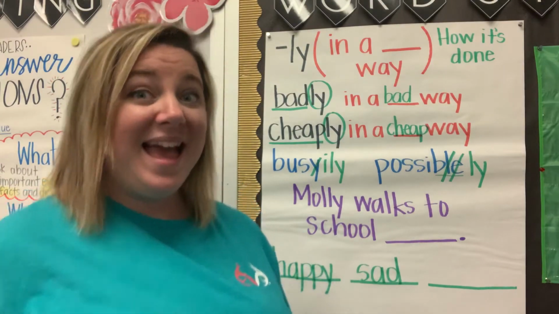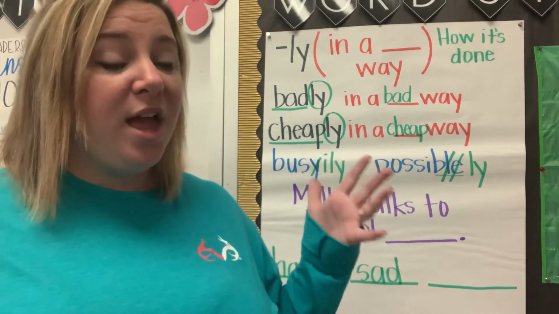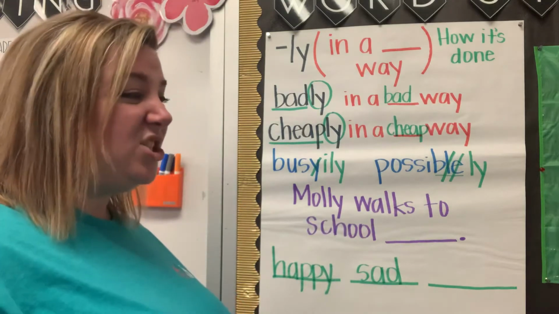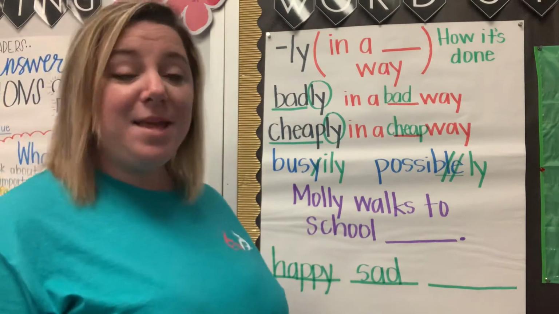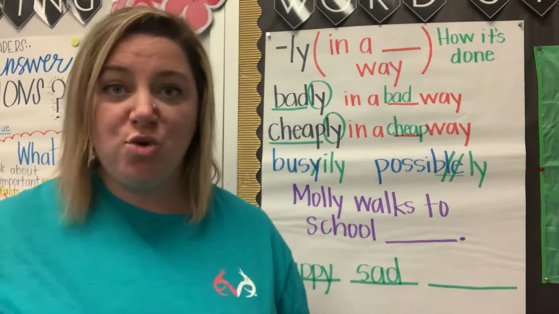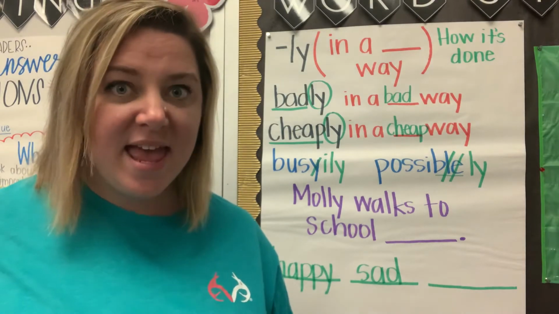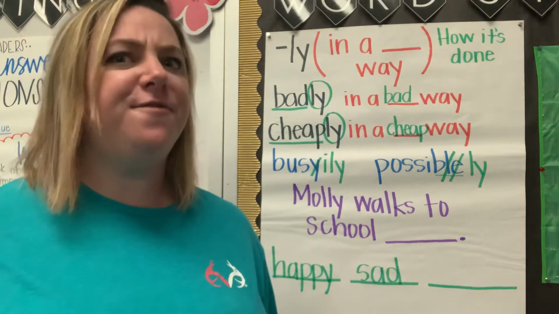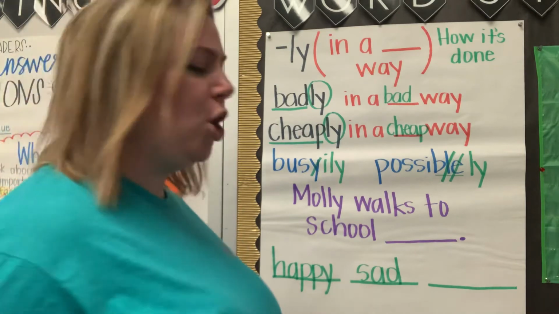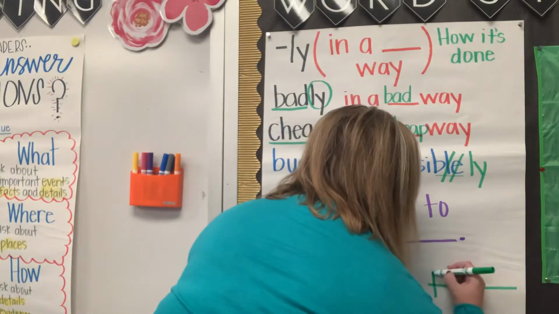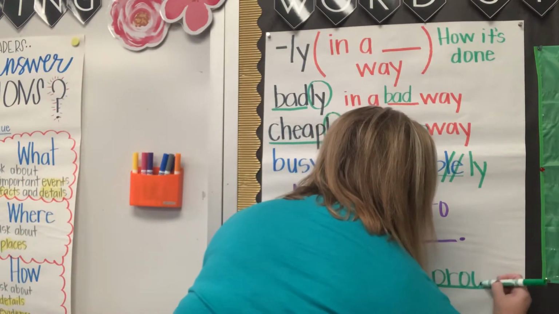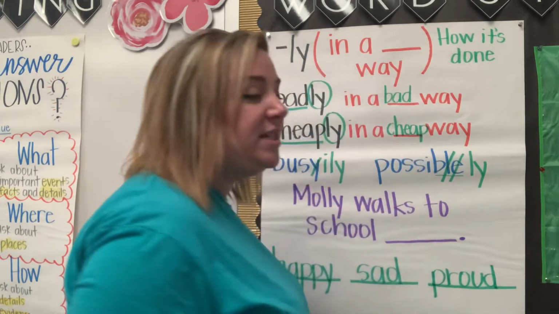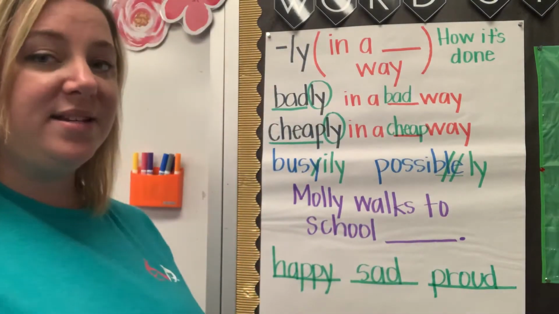So she can be happy as she walks to school. She can be sad as she walks to school. Maybe she has worked really hard on a project, and as she carries it to school with her, she's very proud. She's proud of her hard work. So I'm going to put the word proud. Okay, these are different ways that Molly can be walking to school.